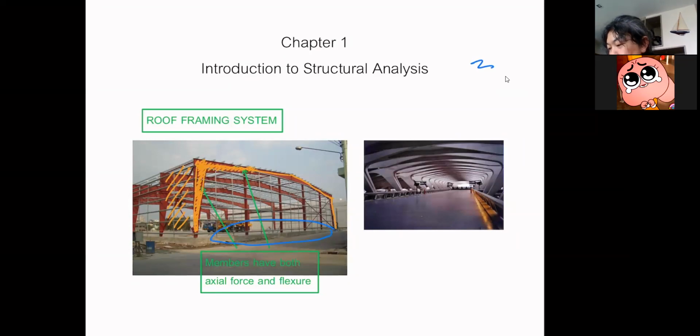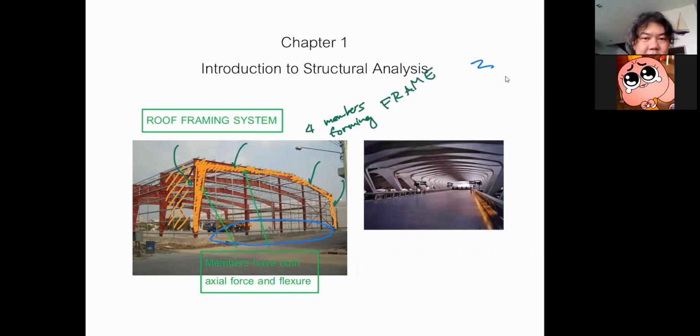So you can see this is one member, two members now, and then you have another member here, and then another member. So actually, for this case, it's like four members forming a structure that we call a frame.